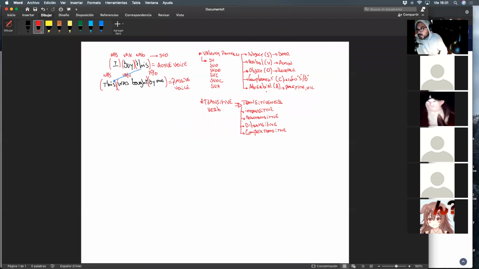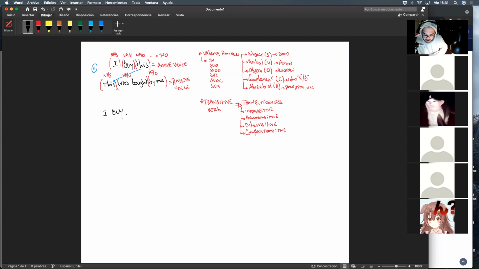It will depend on what? On the context. So, for example, in this example, in both of them, the verb buy is transitive because it takes a direct object, an object, right? But on the other hand, if I write just like that, I buy, and nothing more, in that case the verb buy would be intransitive because there is no direct object.